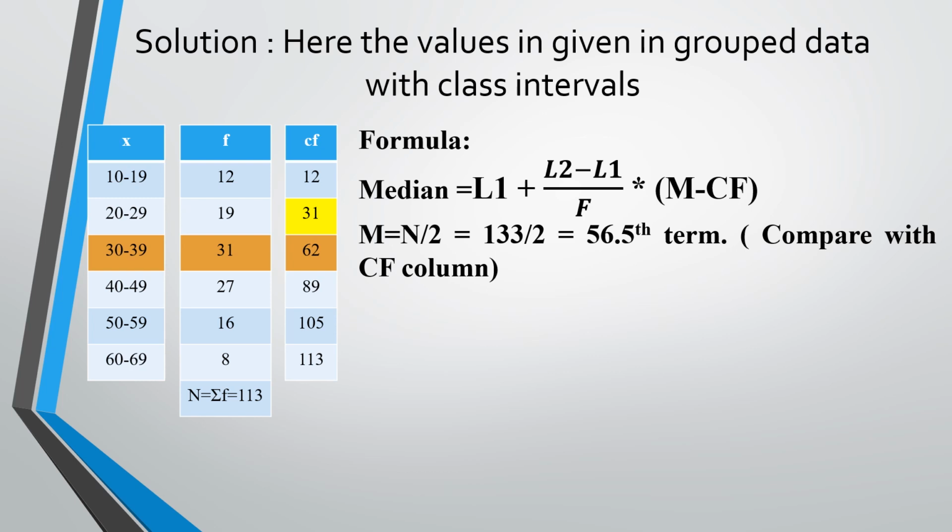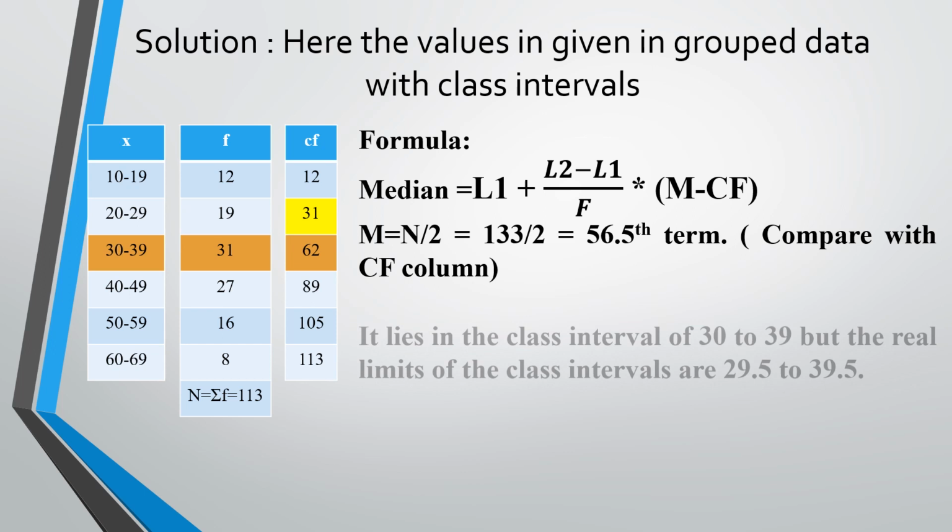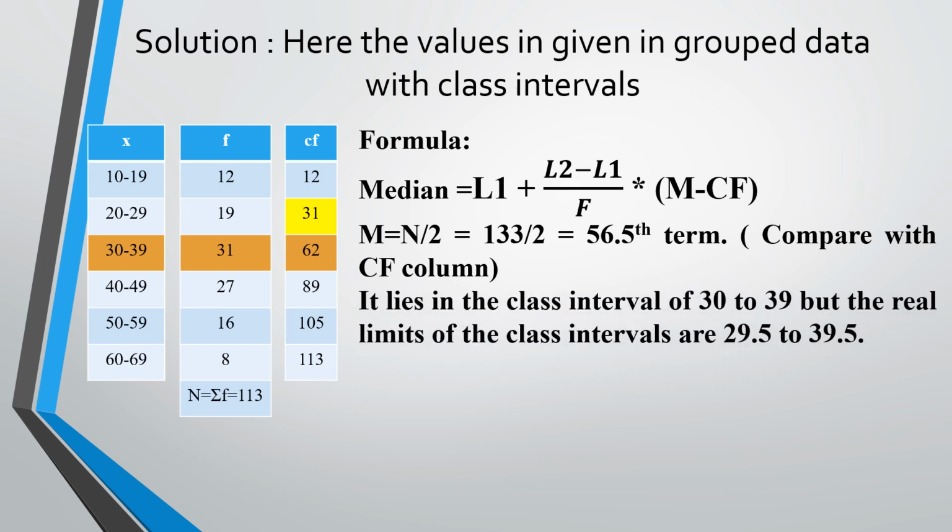That means the row corresponding to this class, that is 30 to 39, is considered as the median class. It is the class where the CF value will be lying, that is 30 to 39, and this is not having the continuous series.